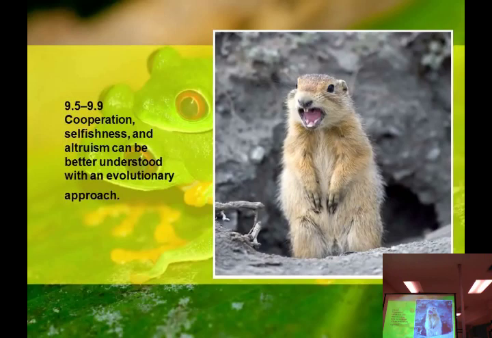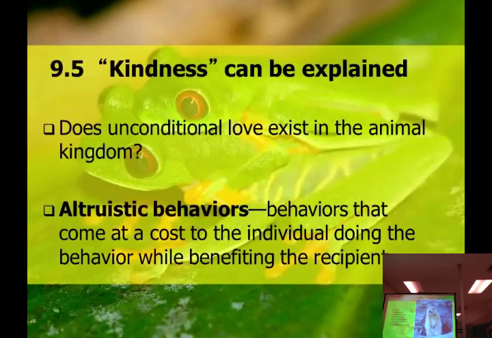And so we may think of this as something that is really complex, and we may say, oh, she's so brave, she's so kind, because we put these human attributes to animals, where these things may be something that is built into them. Cooperation, selfishness, altruism, being kind to others may be understood by our evolutionary past.